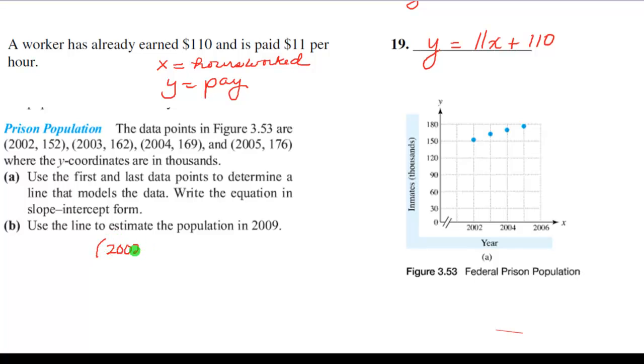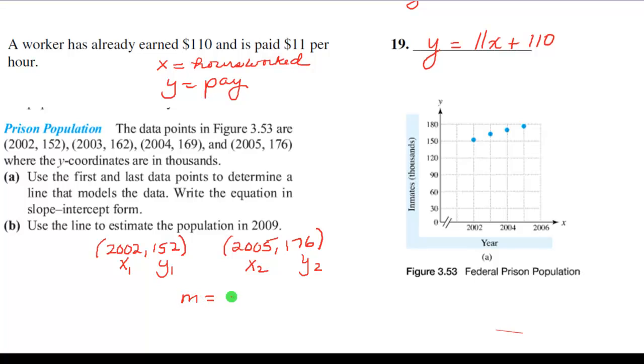So let's look at just the first and last points. So remember, our x-coordinate is the year, and our y-coordinate is the amount of prisoners in the prison in thousands.